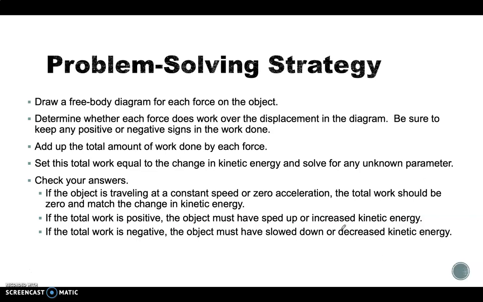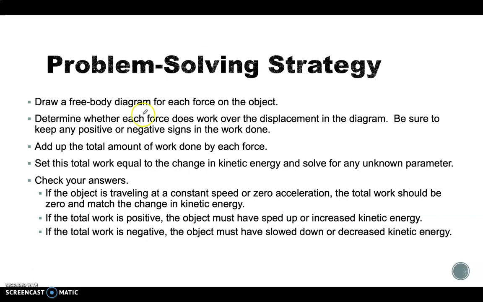Okay? And make sure that you keep track of any positive or negative signs in the work being done. Okay? Then you'll want to add up the total amount of work done by each force. Then set this total work equal to the change in kinetic energy and solve for any unknown parameter that you're looking for. Okay? You can also then check your answers, so basically making sure that it makes sense.